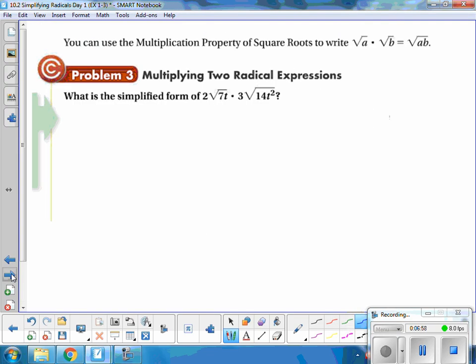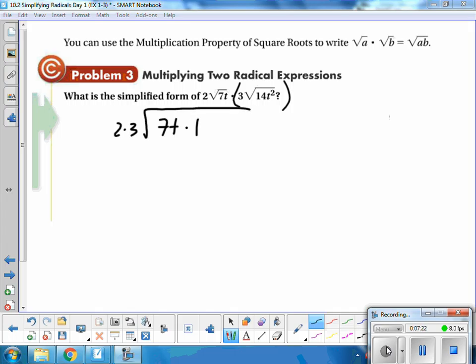You can also use the multiplication property of square roots to write this. So I can pull some things together, like square root of a times the square root of b equals the square root of ab. So I can bring some things together here. I can multiply all these together. So I can multiply my 2 times 3 times 7t times 14t squared.